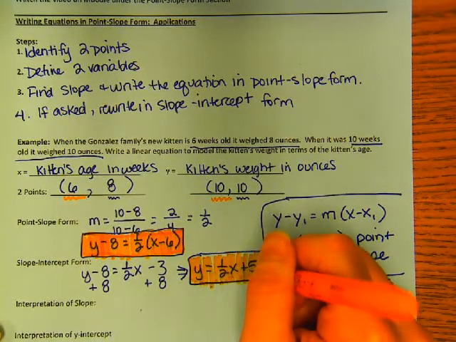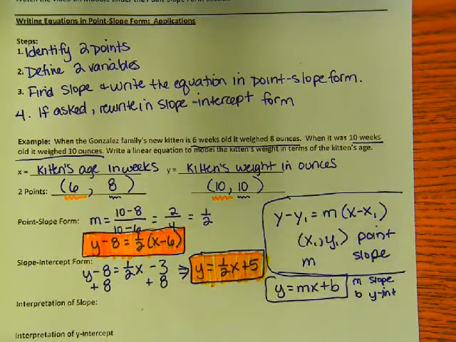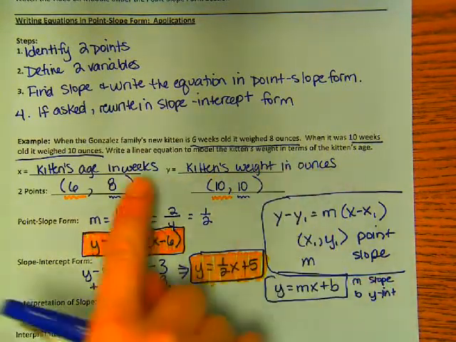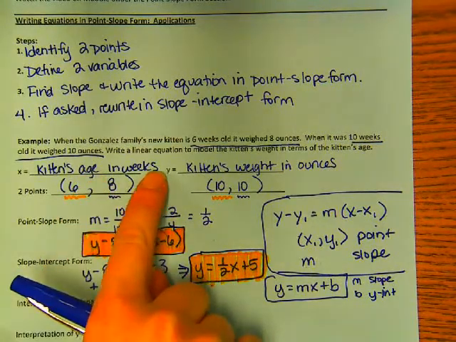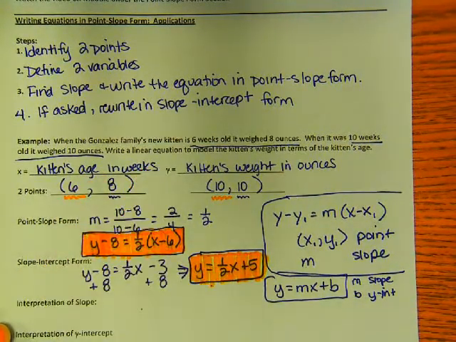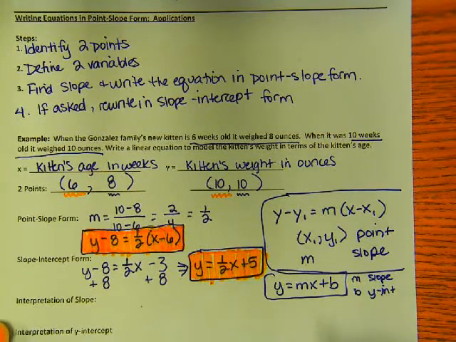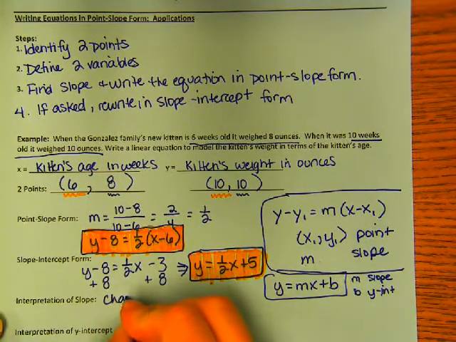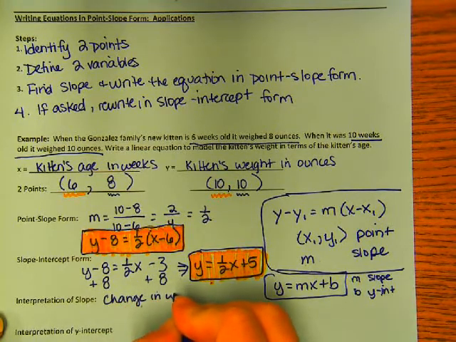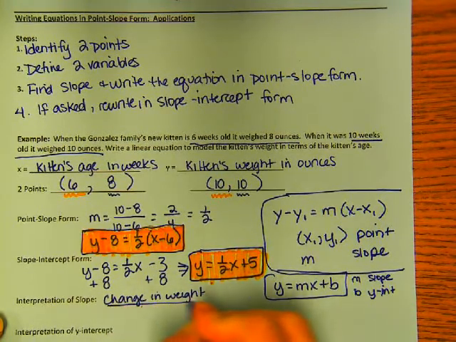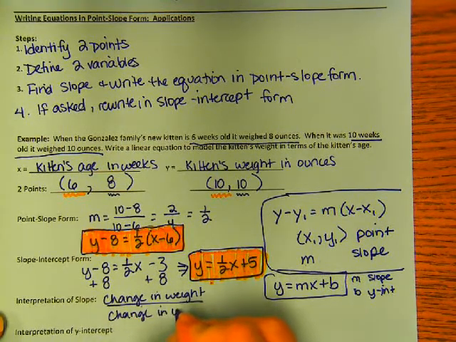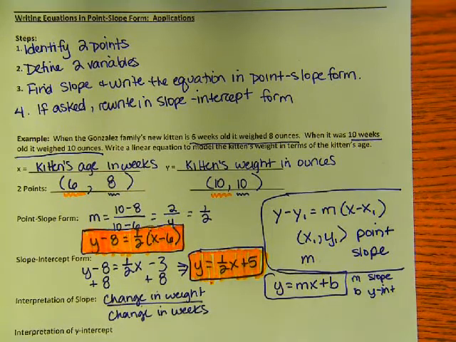So let's, in this problem, interpret what the slope means. First of all, remember the y is the weight in ounces and the x is the age in weeks. So if we were talking about slope as change in y's and change in x's, it means that it's going to be the change in weight over the change in weeks. So in this case, the slope was 1/2.